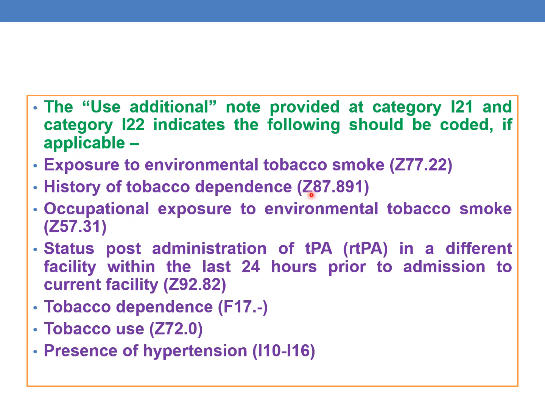They are exposure to environmental tobacco smoke, given by the code Z77.22; history of tobacco dependence, Z87.891; occupational exposure to environmental tobacco smoke, Z57.31; and status post administration of tPA in a different facility within the last 24 hours prior to admission to the current facility, given by the code Z92.82; tobacco dependence, given by the subcategory F17; tobacco use, given by Z72.0; and presence of hypertension. Whenever hypertension is present along with AMI, you need to code the respective hypertension codes also.